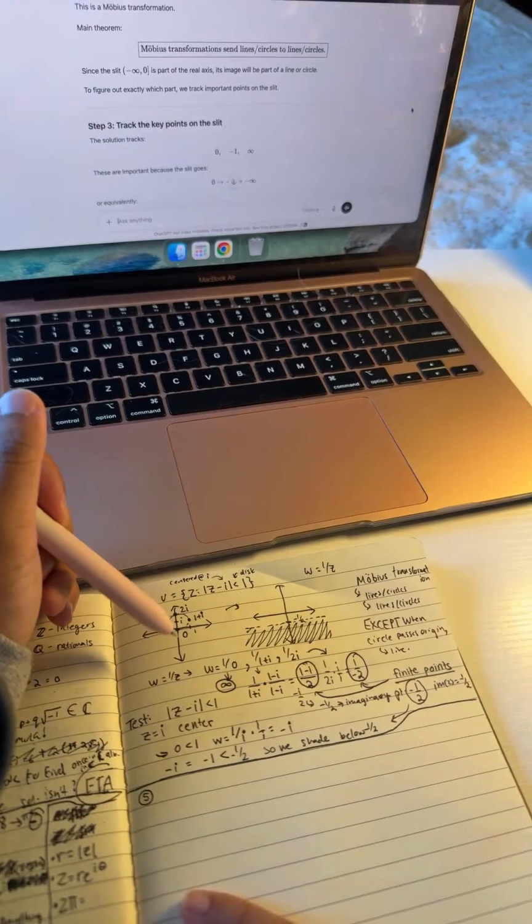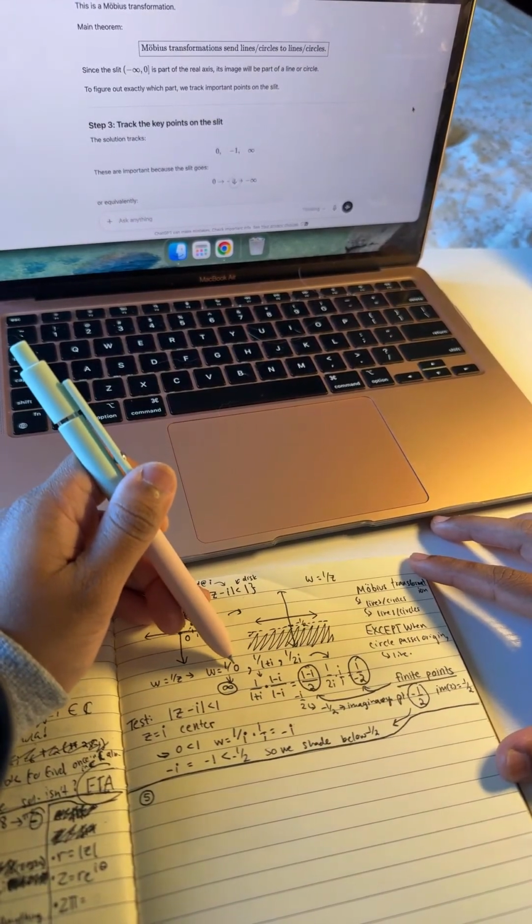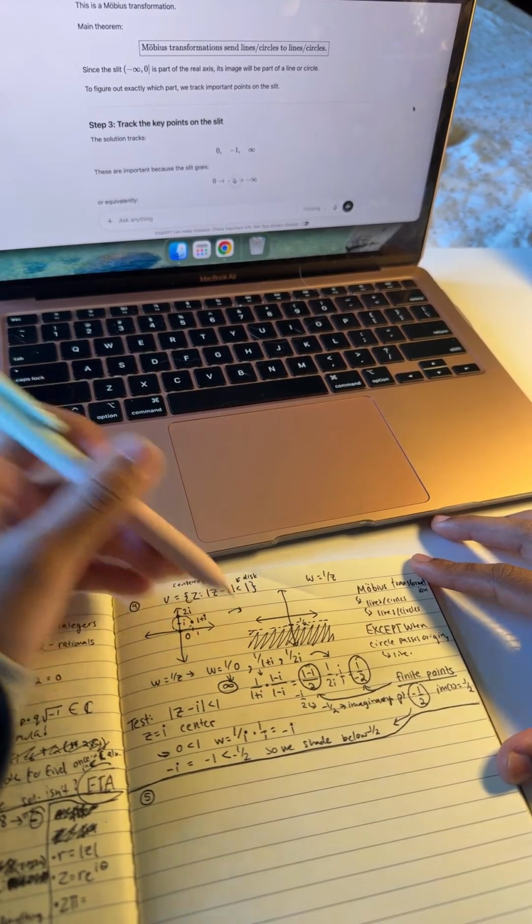But afterwards, when we plug it into the W, we know that 1 over 0 goes towards infinity.